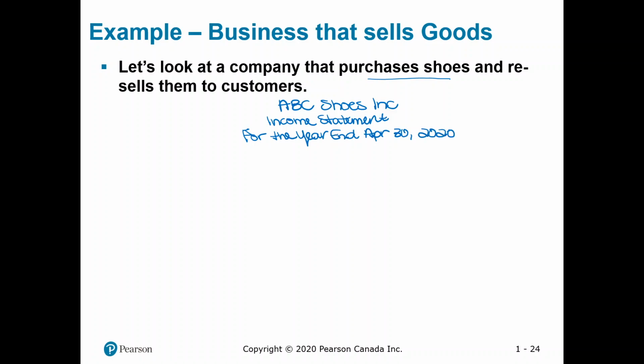So with an April 30th year end, this must be a corporation, because when corporations file separate tax returns, which we talked about in the forms of business area, they can choose any year end that they want. So this company has chosen April 30th.